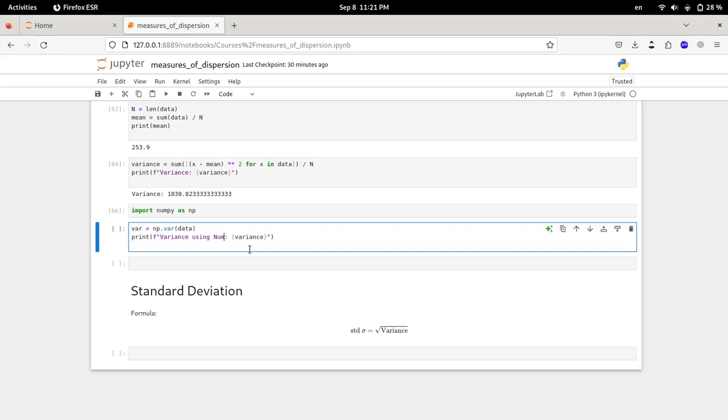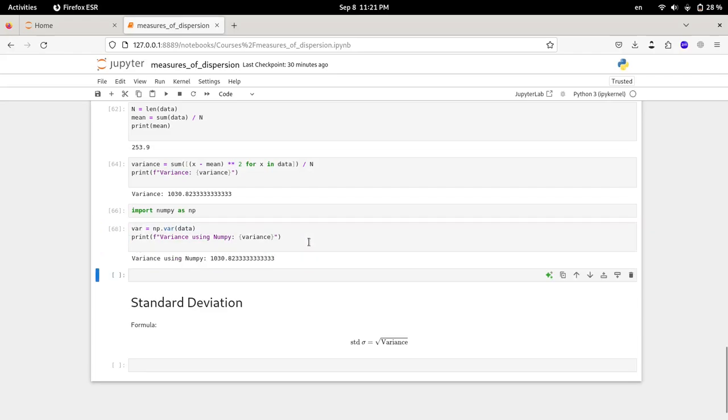Variance using numpy. If we print it, we get the same result.